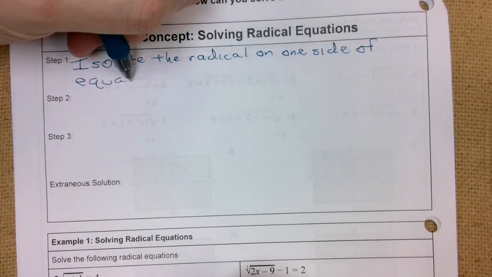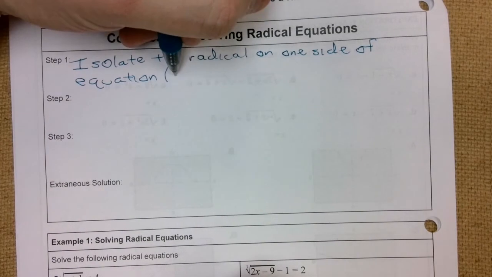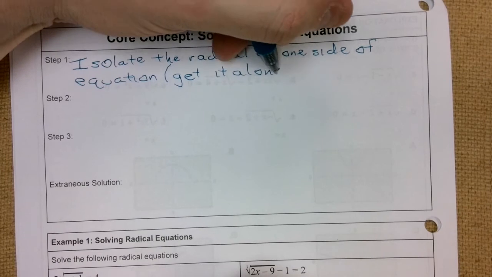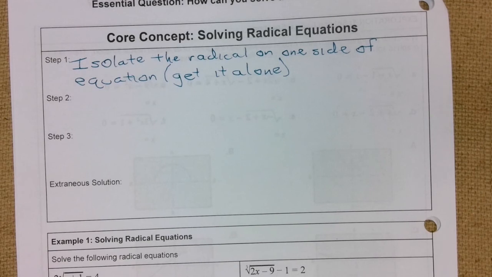When we talk about the word isolate, we're talking about getting it alone. If we have anything that's multiplied on, added or subtracted that's outside of our square root sign or our radical sign, we have to get rid of it.